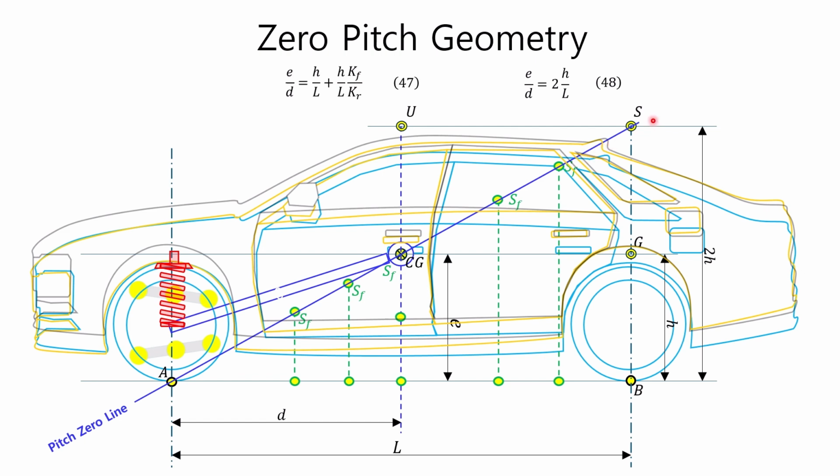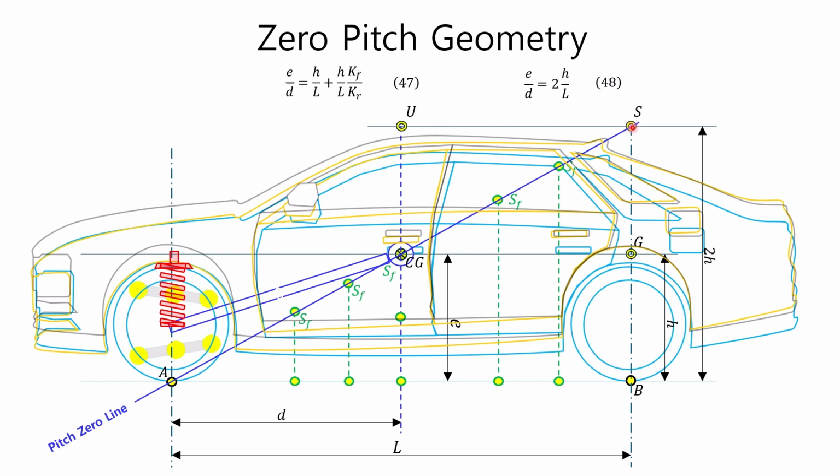To make the explanation efficient, I will use equation 48, which assumes that the front wheel rate, Kf, and the rear wheel rate, Kr, are equal. In the figure, point S is the point where a horizontal line parallel to the ground, passing through point U, which is at twice the height of the center of gravity, Cg, intersects the vertical line passing through the rear tire road contact point, B.